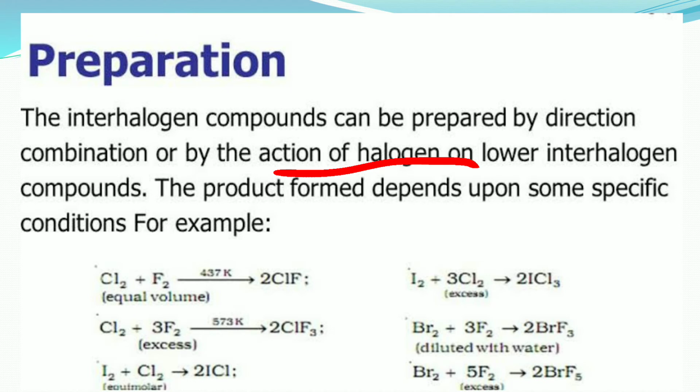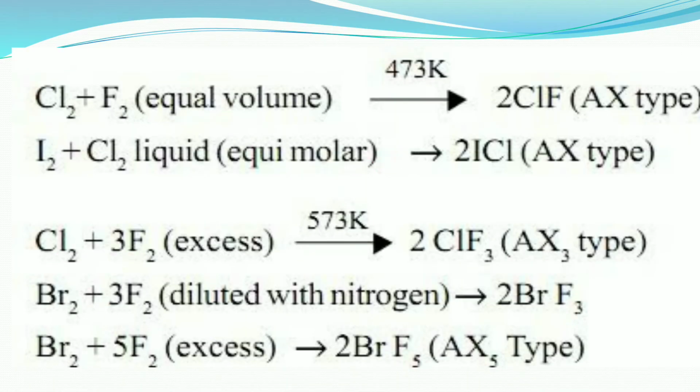The product formed depends upon some specific conditions. First, the AX or XY type is prepared by heating equal volumes of chlorine and fluorine at about 473 Kelvin, and we get 2ClF. Also, I2 reacted with liquid chlorine forms 2ICl.